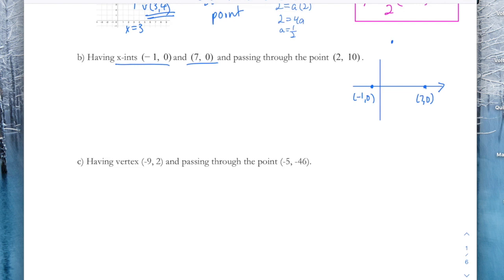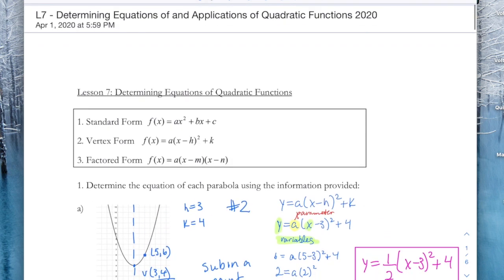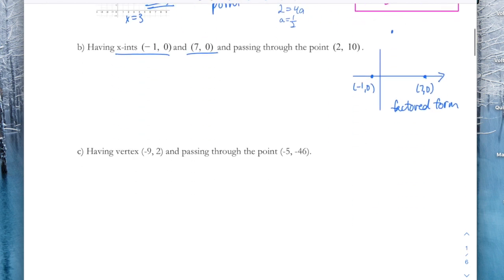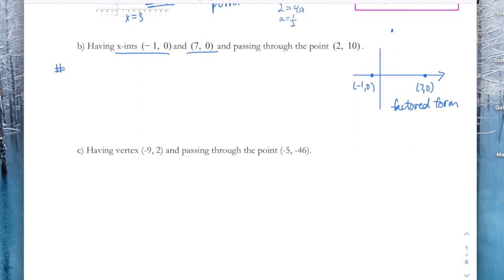What I can do is, because I know the x-intercepts, I'm going to use factored form of my equation. And in this case, we were calling that number 3. So what I can do is I can start with y = a(x + 1)(x - 7).